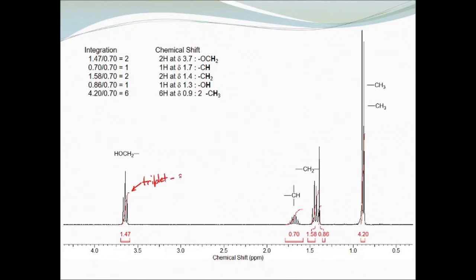Triplet means 2 neighbors, which means this is bonded to a CH2. If we look at the other pieces, we have a CH1, we have a CH2, so this is a possibility. CH3 and CH3. So the only thing this can be bonded to is that methylene.